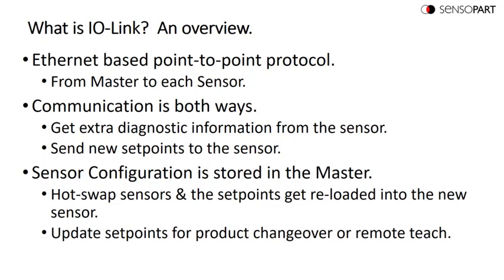Oh yeah, that was connected here, and it will reload all of the saved parameters. You don't need to try to find a maintenance manual or a drawing and hope that there hasn't been an improvement where these set points changed. That's really a time saver.